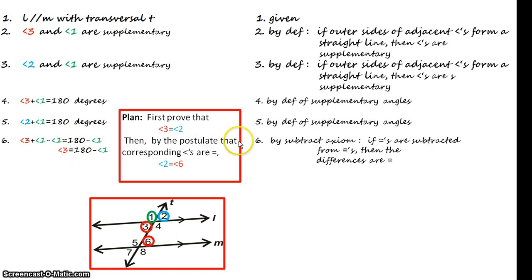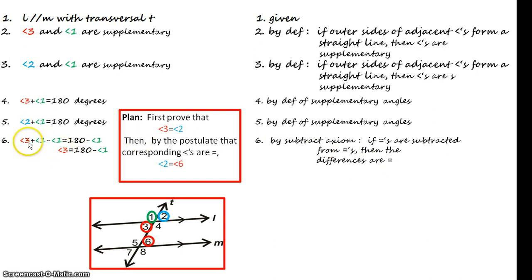And that axiom states that if equals are subtracted from equals, and the equals here are the angle 1 and angle 1, so if these equals, the angle 1, are subtracted from this equal statement, then the differences are equal.